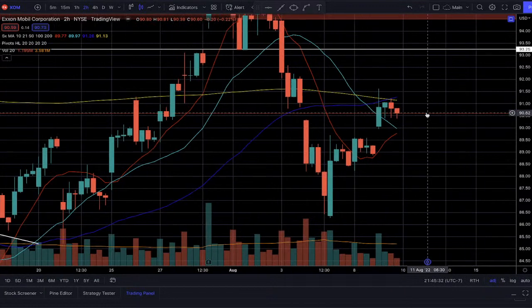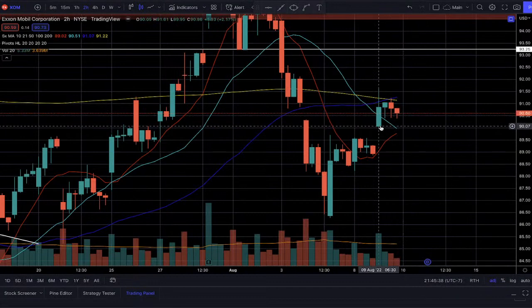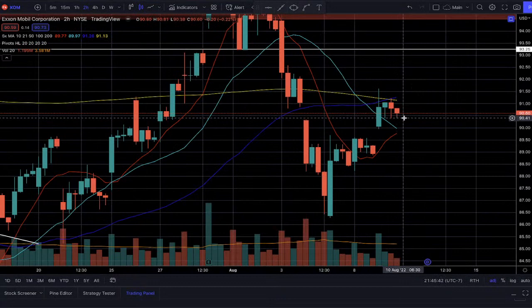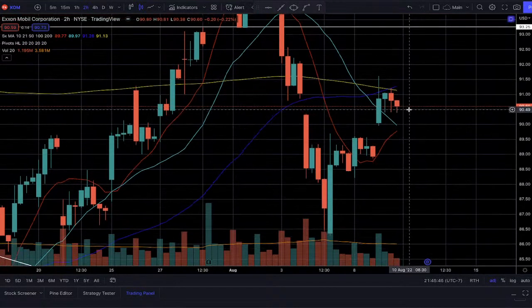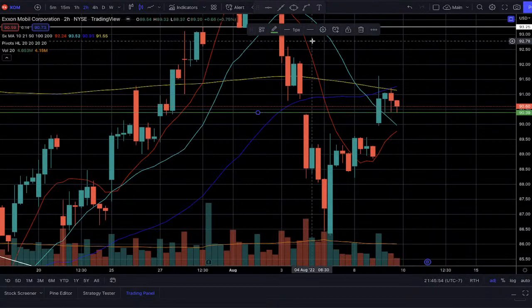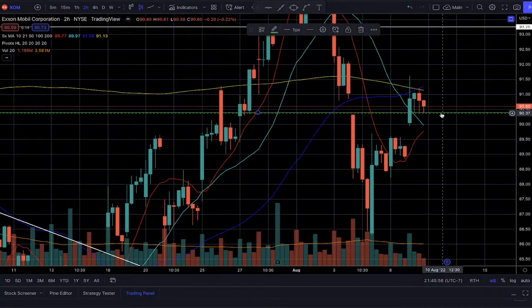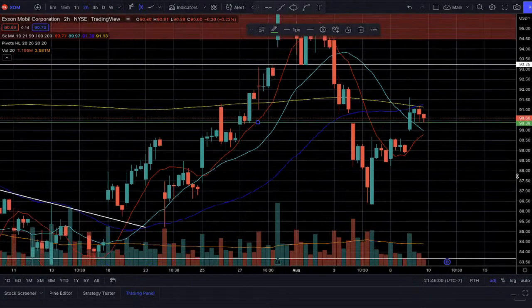But the weakness that we had today transcends the gap up that we had today, right? So hopefully the bulls are able to hold above 90.50. But if you take a look here, if we break below 90.50, or specifically, if we break below 90.40, if you break below this intraday support level, then this one goes straight back down. And guess what?